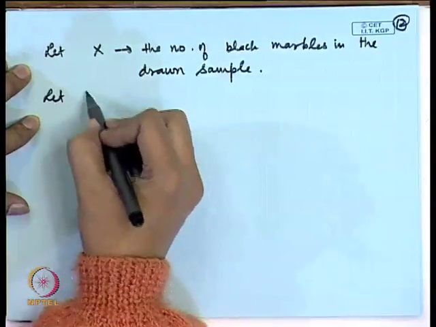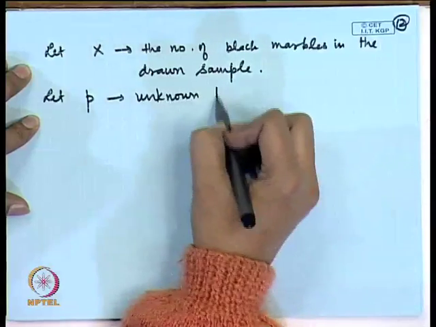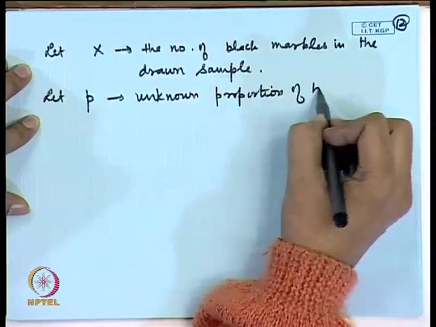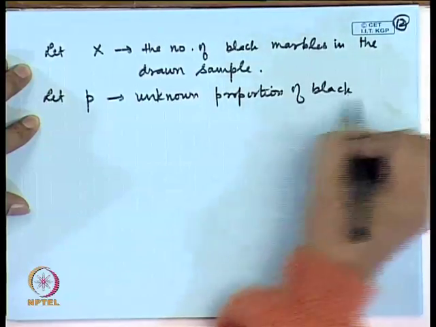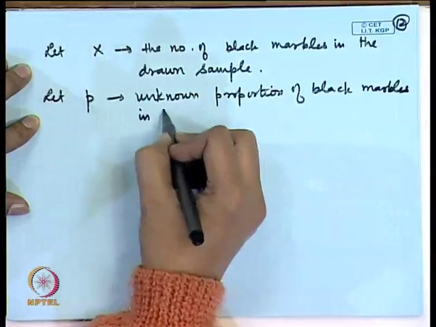Let us consider say p as the unknown proportion of black marbles in the box.